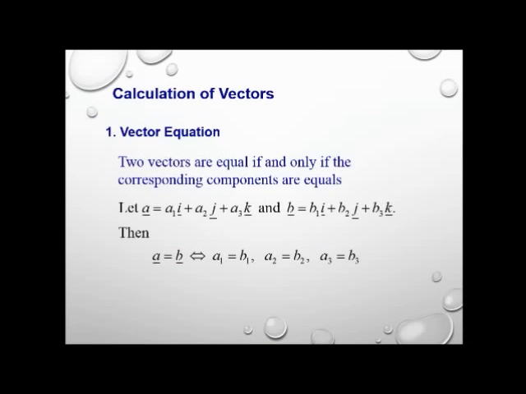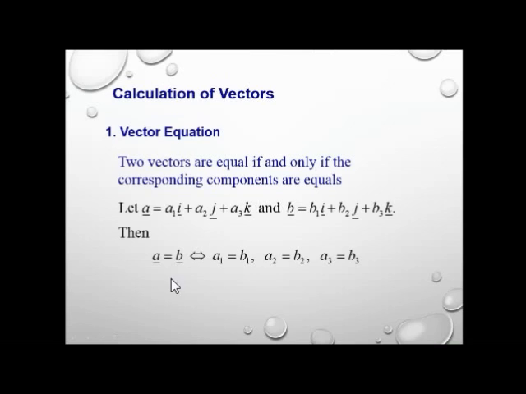Now there are some important points regarding the calculation of vectors, like the vector equations. Two vectors are equal if and only if the corresponding components are equal. That means if we consider two vectors, let us say A and B, A can be written in its rectangular components as A1 i cap plus A2 j cap plus A3 k cap. Similarly, B can be written as B1 i cap plus B2 j cap plus B3 k cap.